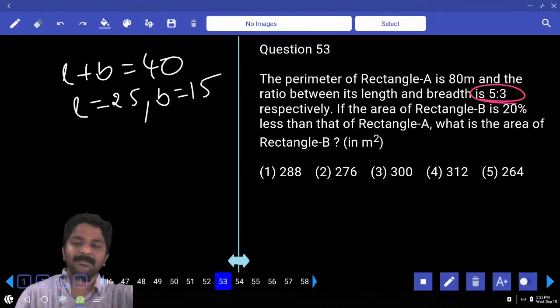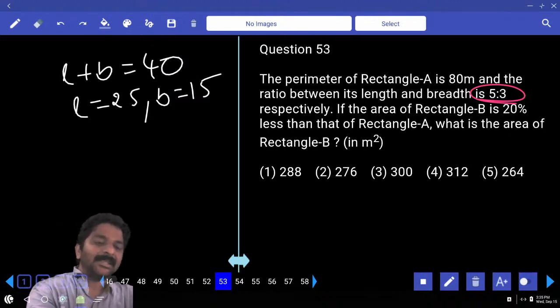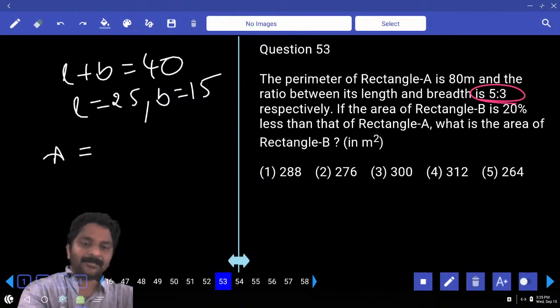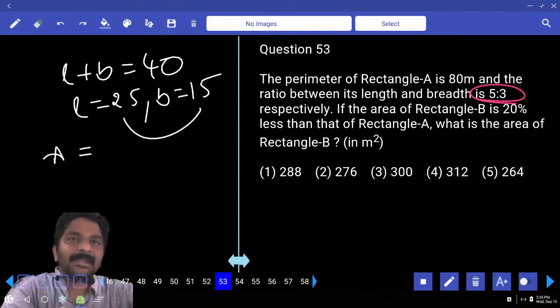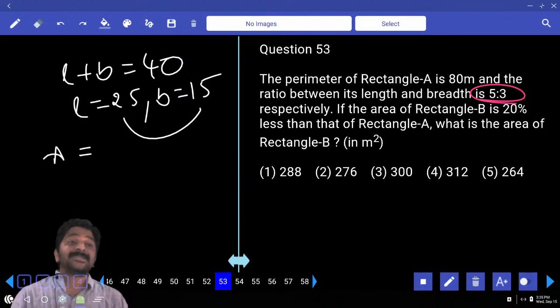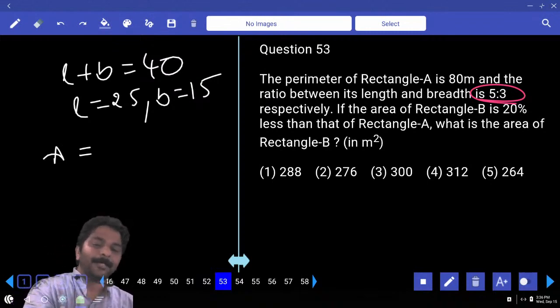The area of rectangle B is 20% less than the area of rectangle A. Now, the area of rectangle A is equal to length into breadth only. 25 into 15. I'll write 25 as 20 plus 5, 15 as 20 minus 5. Is it in the form of A plus B into A minus B? A square minus B square: 20 square minus 5 square, 400 minus 25.